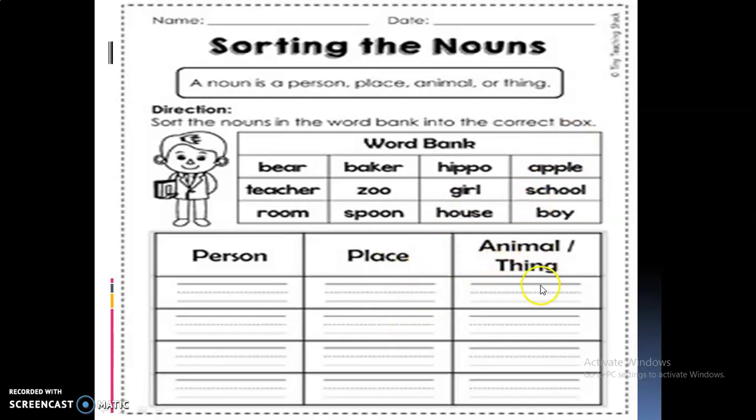Next is animal and thing. So you can see bear is an animal, hippo is an animal, and zoo comes under this place. Apple is a thing, and all these come under animal or thing. Baker, person. So this is the exercise, a very simple exercise. This is actually the base. You can practice this exercise.